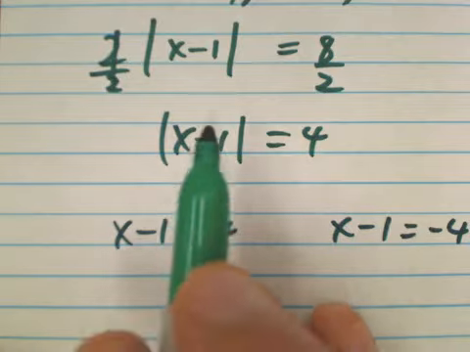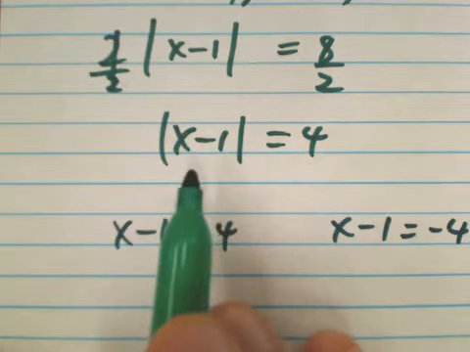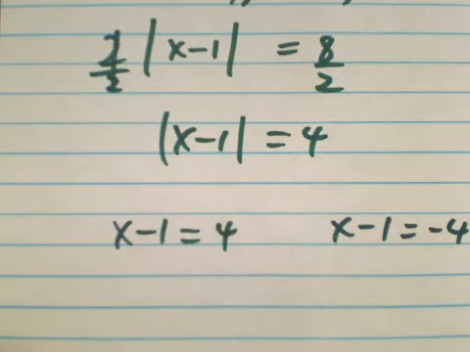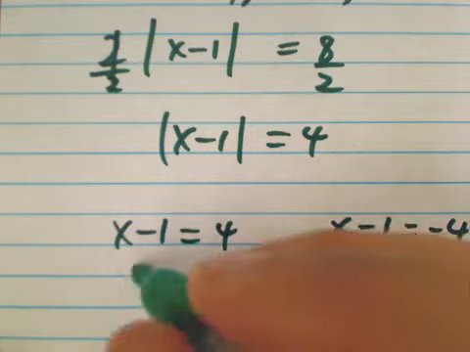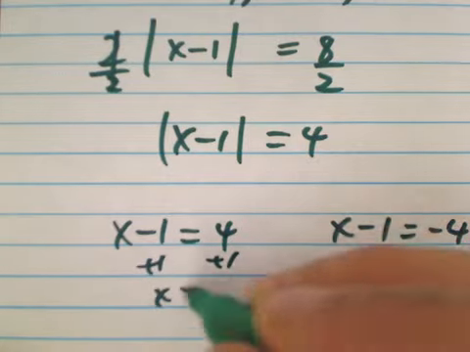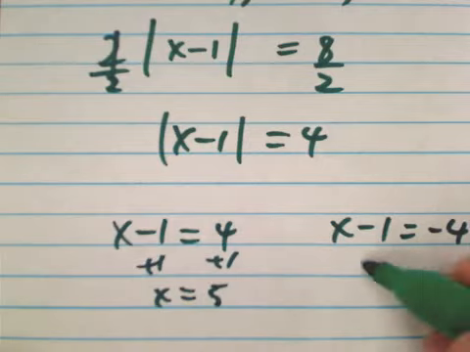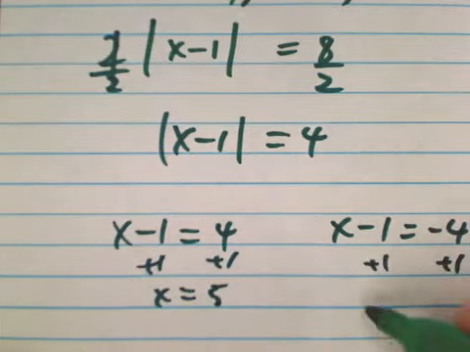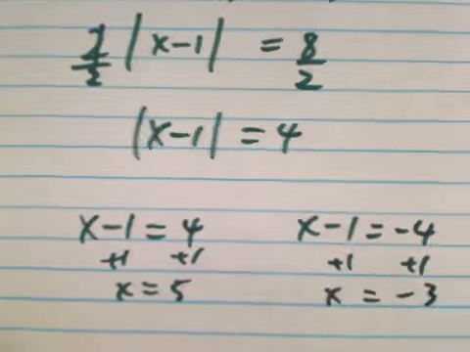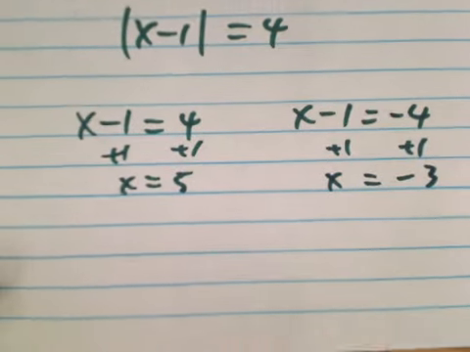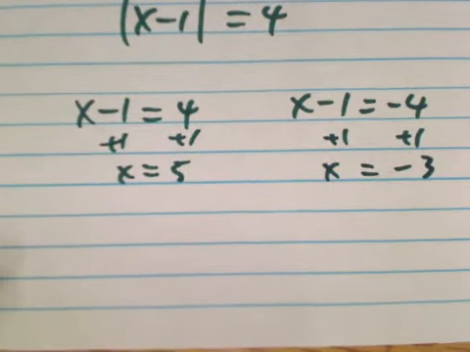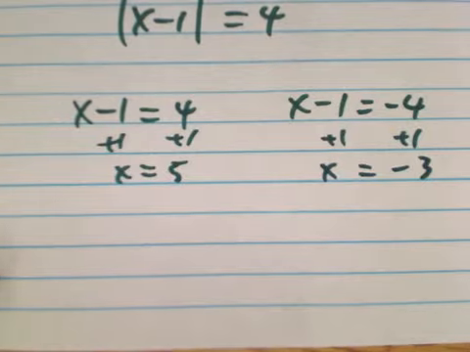Whatever's in here could be 4 or -4. And then you can solve both of those. So plus 1, x could be 5, and plus 1, x could be -3. So 5 and -3 are my two solutions here.